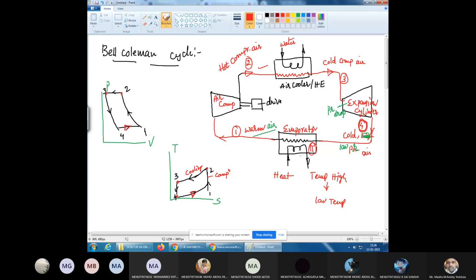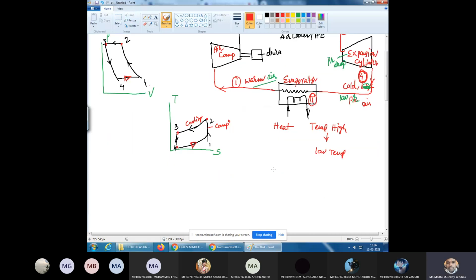Agree? Now tell me, the heat absorbed. Heat is being absorbed. I can say it is the refrigerating effect also. Heat absorbed in the evaporator.